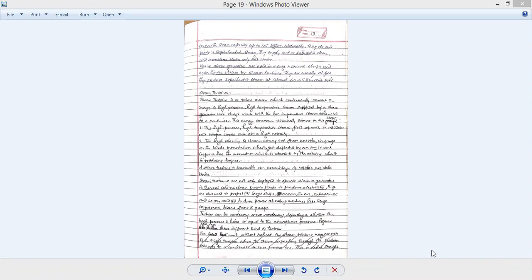Now, a steam turbine is a prime mover which constantly converts the energy of high pressure steam. What is the definition? What do you mean by the term prime mover?